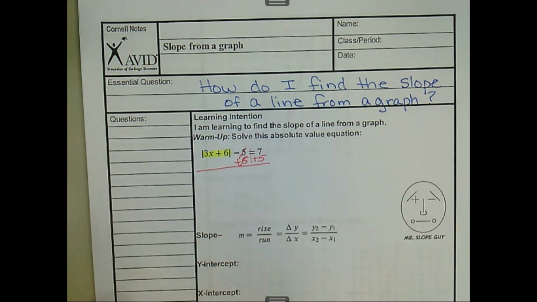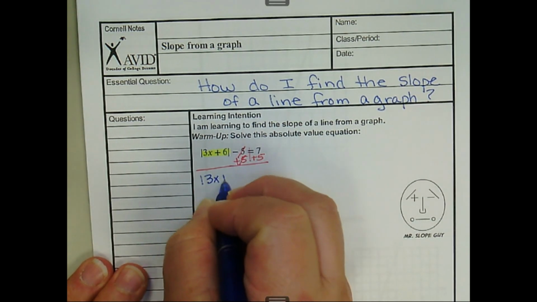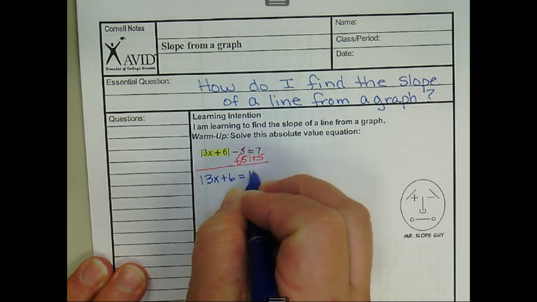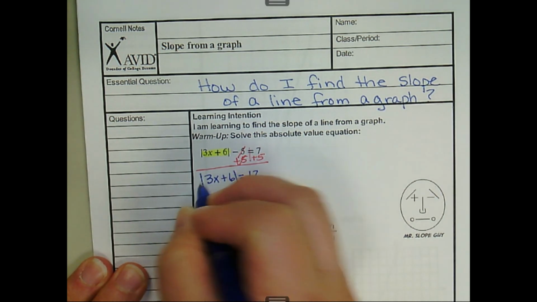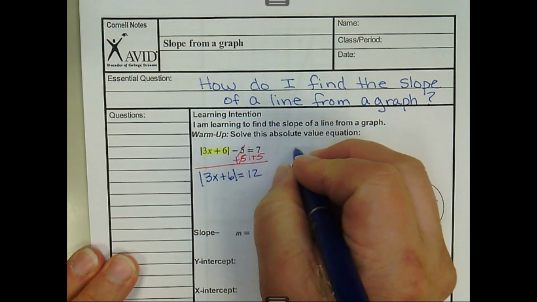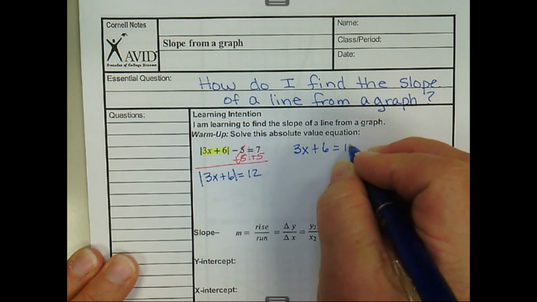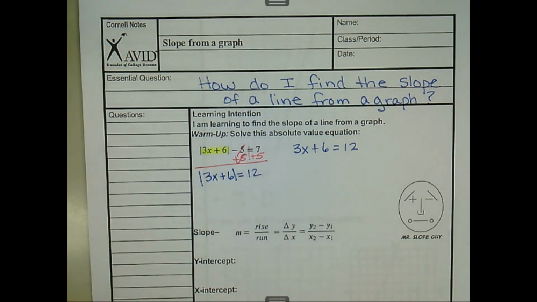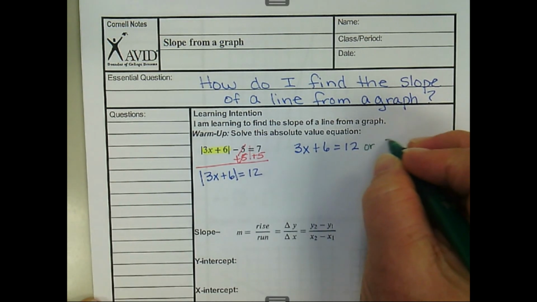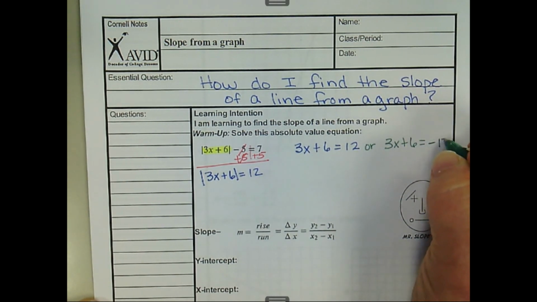Now it's isolated. The absolute value of 3x plus 6 is equal to 12. Now, this is positive, so I know I can set up the two equations. 3x plus 6 is equal to 12, or 3x plus 6 is equal to negative 12.